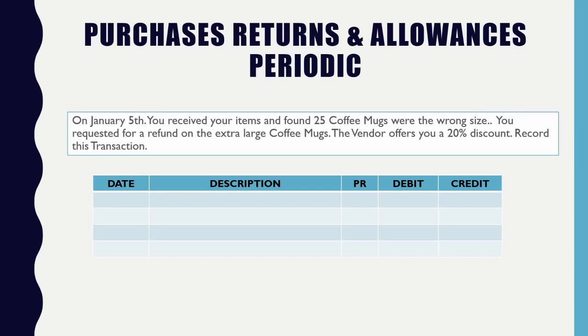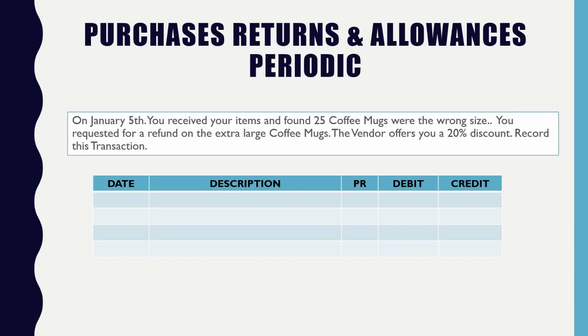In this case, we accept the 20% discount. So it's only going to be that 20% off of the original coffee mugs that you are trying to refund. If each coffee mug costs me $1.25 and I'm attempting to return 25 of them, I'm only getting a 20% discount, because at the end of the day I'm still keeping those mugs.